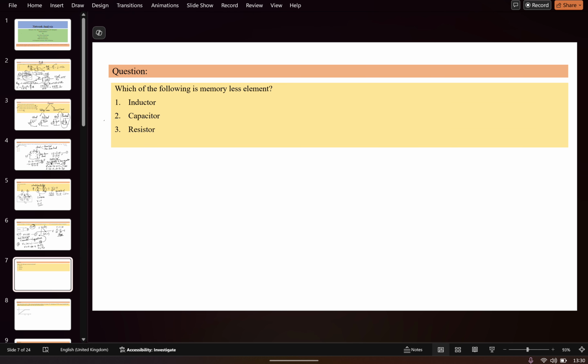Okay. This is a simple question related to which of the elements is actually the memory-less element: inductor, resistor, or capacitor. Take your time and let me know the solution.